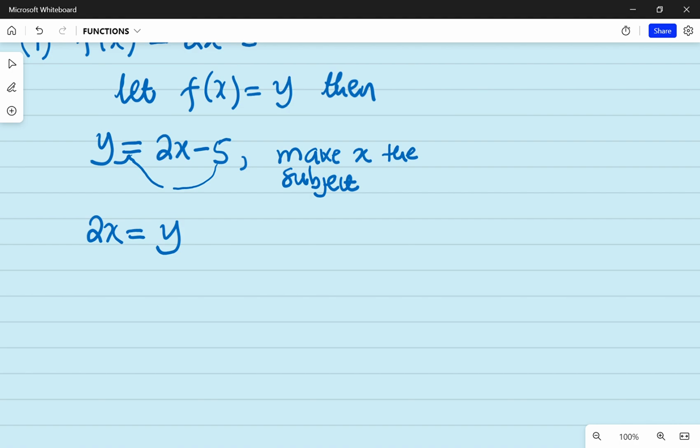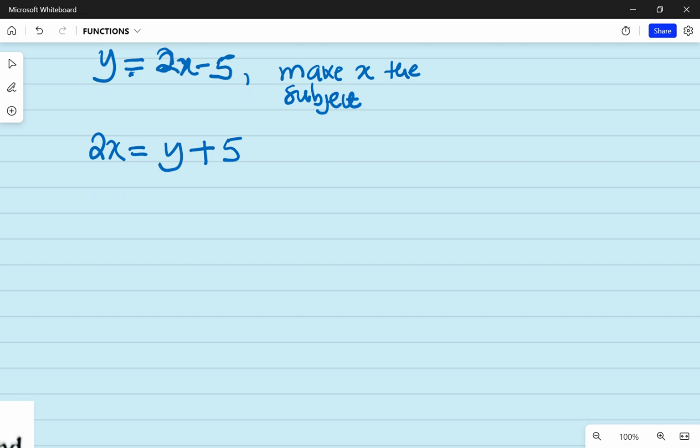So we have 2x equal to y plus 5. Now we can divide both sides by 2. So now my x is equal to y plus 5 over 2. That is my x.